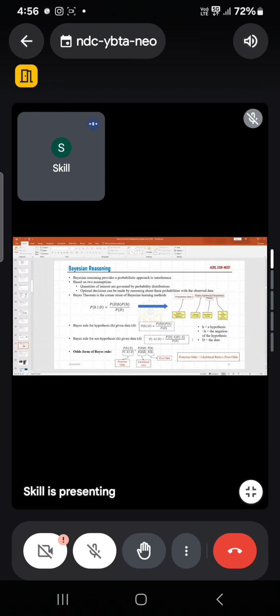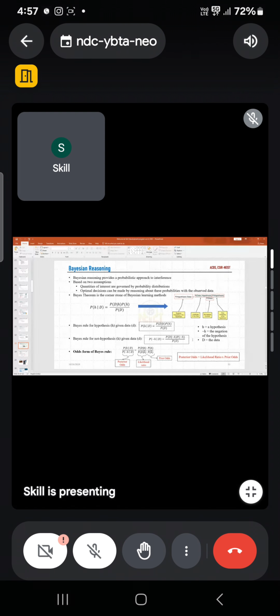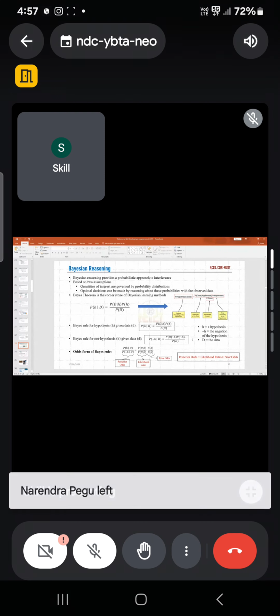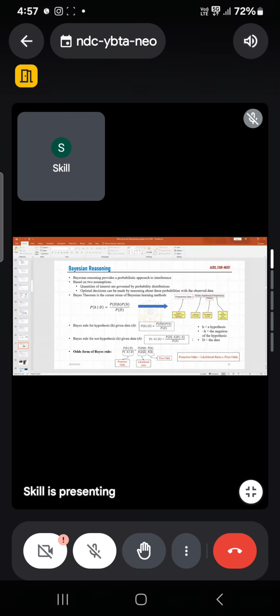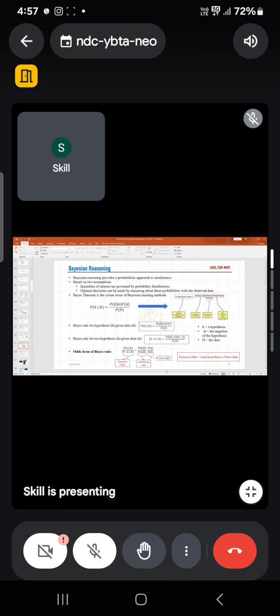We will see this with an example also. Let me show you that example.